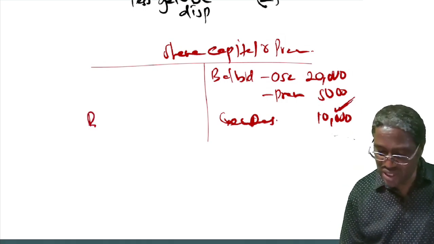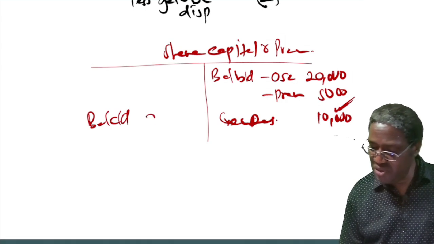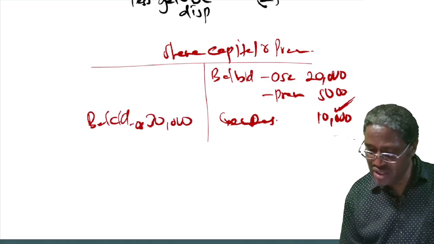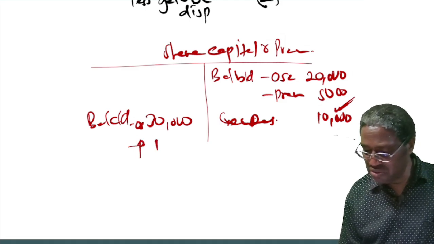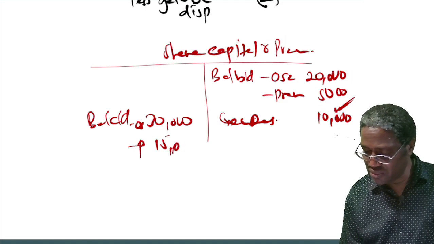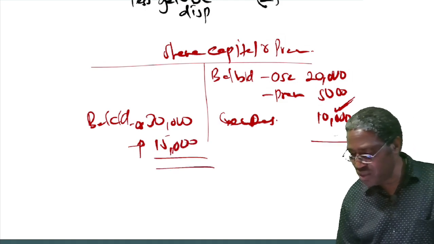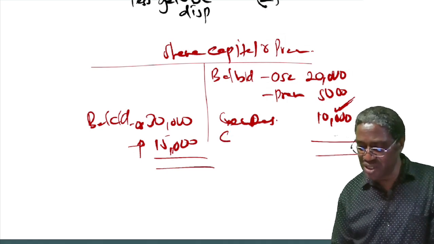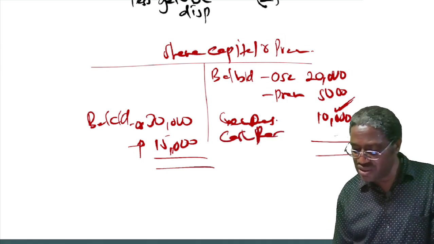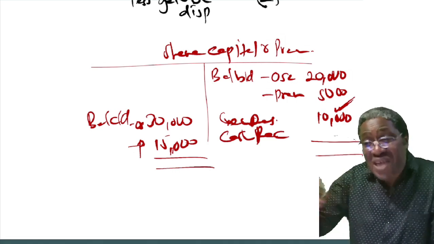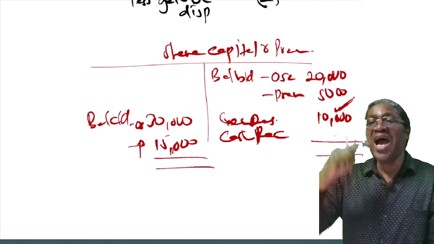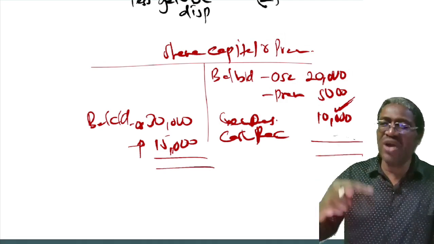Then you say your balance carried down, maybe 30,000 for the ordinary share capital, and for the share premium by the end of the year maybe 15,000. Then there is still a balancing figure, cash received. You must have issued some extra shares by cash, other than those issued by way of bonus.